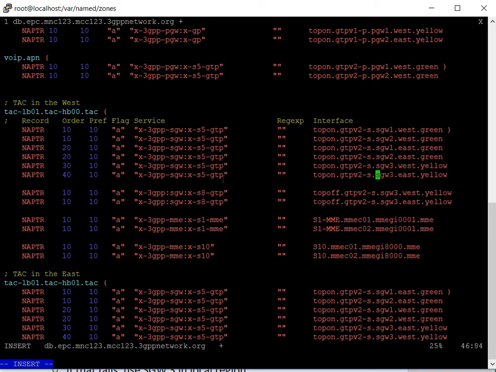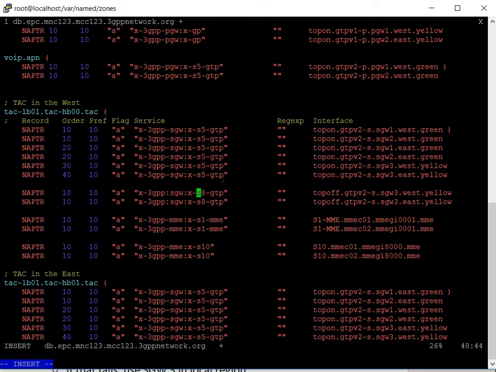Fourth is the yellow S gateway in the East. So I'm accomplishing that requirement earlier where I say prefer the greens in your local, then the greens remote, then the yellows local, then the yellows remote. And I'm doing that with these order statements. The 10s and the 20s are for the pairings of greens, active, active. And I'm defining just the interfaces for those S gateways. And this is just for S5.